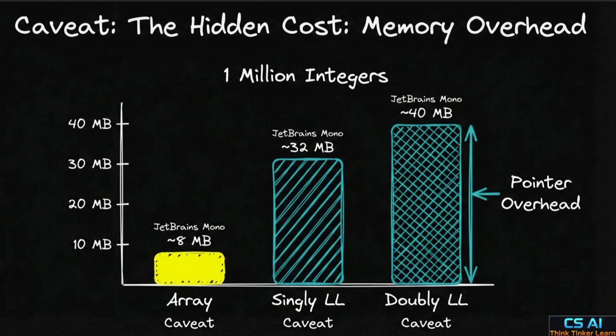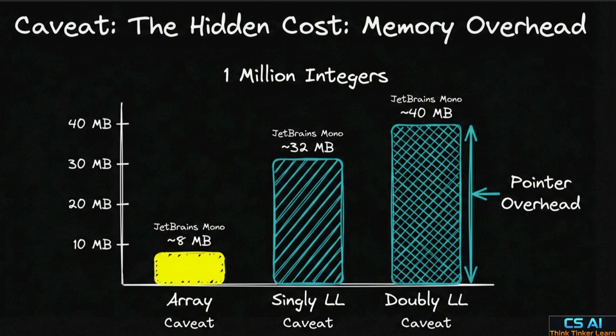Let's address a critical caveat, the hidden cost, which is our memory overhead. While big O complexity often focuses on time, memory usage is a significant factor. Looking at 1 million integers, an array is the most memory efficient, using approximately 8 MB. A singly linked list for the same data incurs a pointer overhead, bringing its total memory to approximately 32 MB.